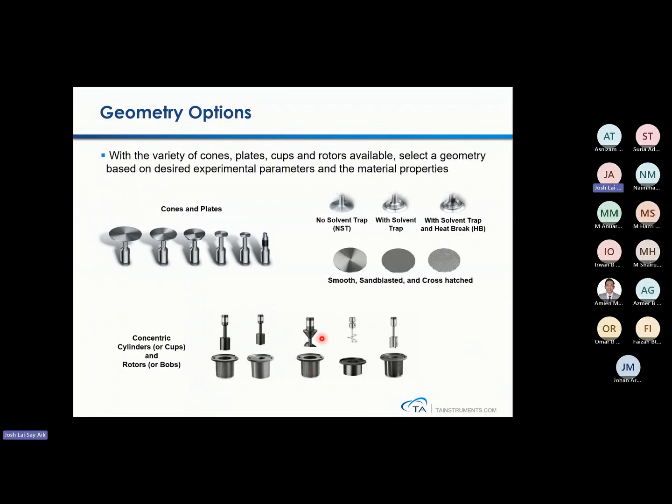For gelling materials like starch, which is a very special material when gelling, you cannot use a typical cone plate, so you need a starch pasting rotor. For suspensions with visible particles within your solution, you can go for a helical or vane rotor accessory.